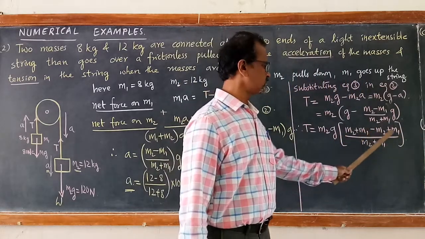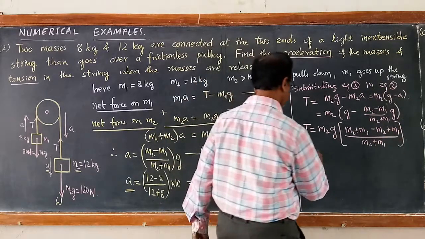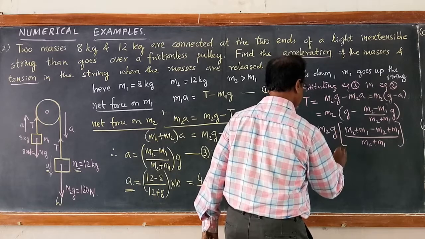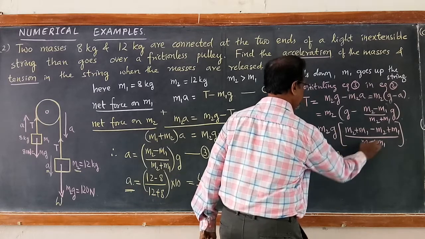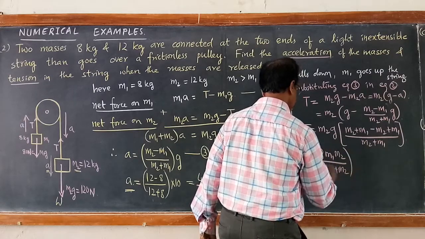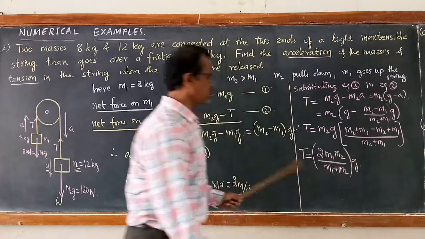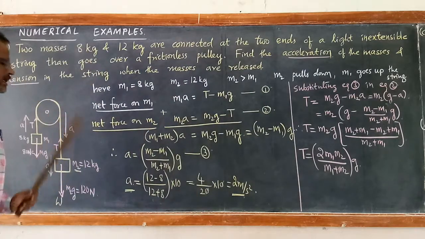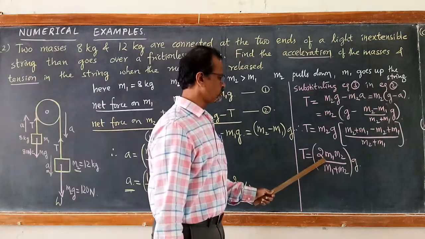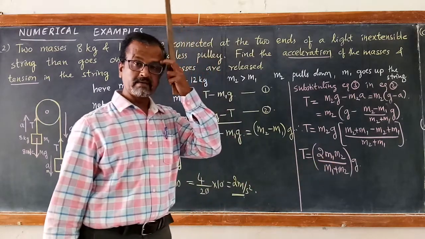You are left with M1 plus M1, 2M1. Therefore T becomes equal to 2 times M1 into M2 divided by M1 plus M2 into G. So we got a generalized equation for the connected mass problem: 2M1M2 divided by M1 plus M2.